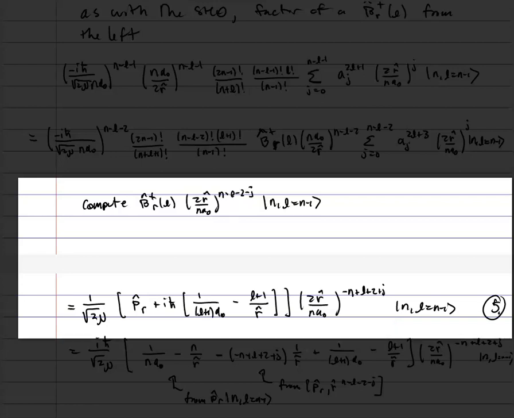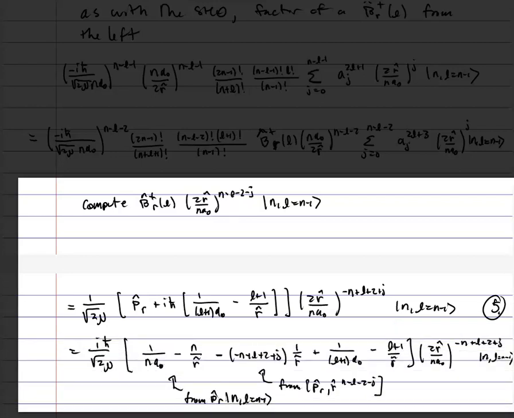Now, when I move the p_r through, I'm going to use the add 0 trick to make it a commutator with that r̂ operator raised to a power. And I'm going to use the fact that when the p_r acts on that state, n comma L equals n minus 1, I know exactly what it gives. So what we find is that those first two terms, 1 over na0 minus n over r̂, that's from when p̂_r acts on n comma L equals n minus 1.